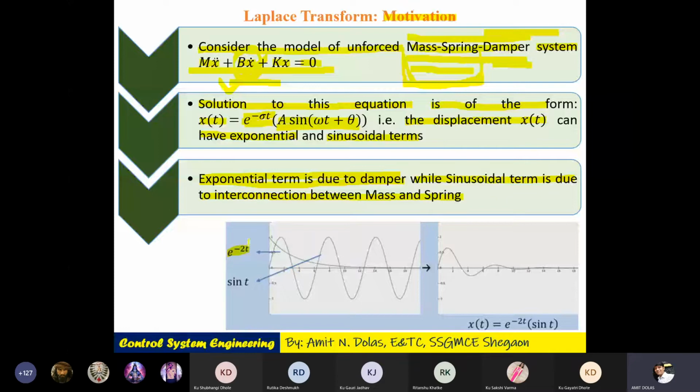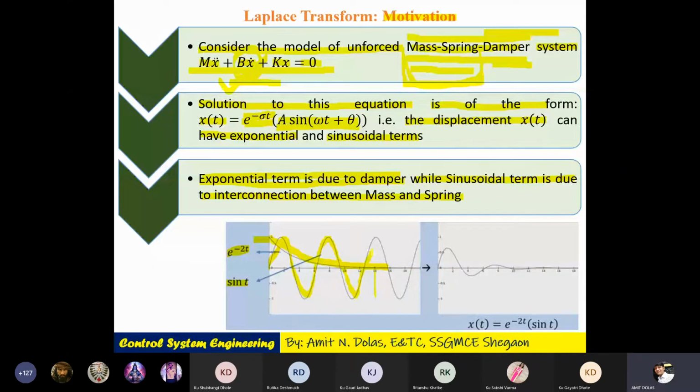You can see it is the exponential graph going towards 0, having a certain magnitude 1 and going towards 0 at a certain time. And another is sin t. Sin t is a sinusoidal signal as shown in the diagram. And what is done? These two are added, you can see, into the characteristic equation.